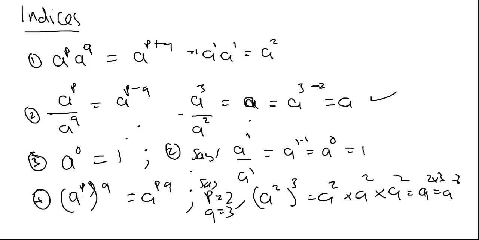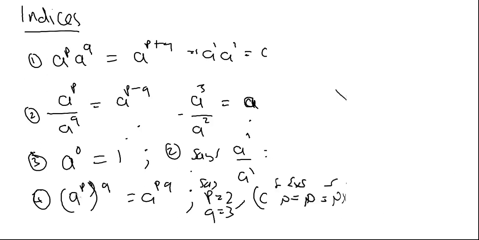So I suppose we need some more space to do the rest, so I'll clean this up. Rule 5. A to the power of 1 divided by q. So how would that work? Well, the answer is it's the qth root of a.